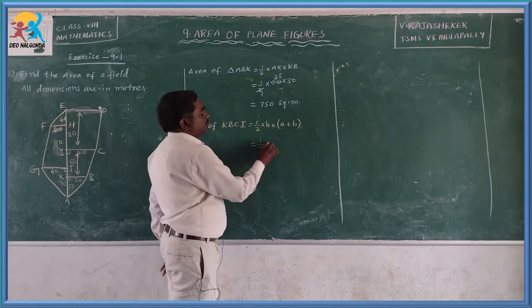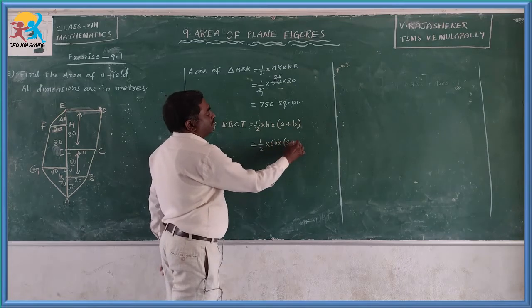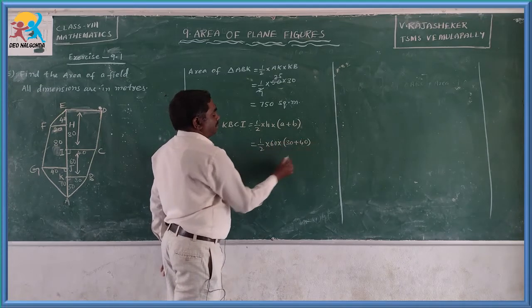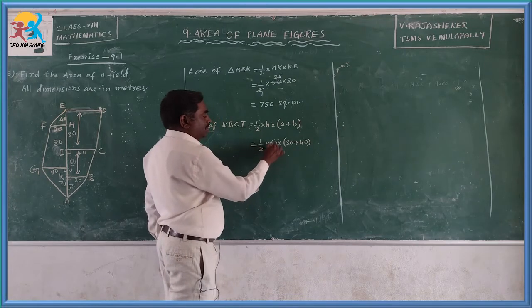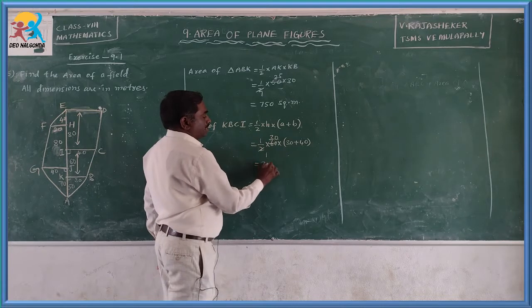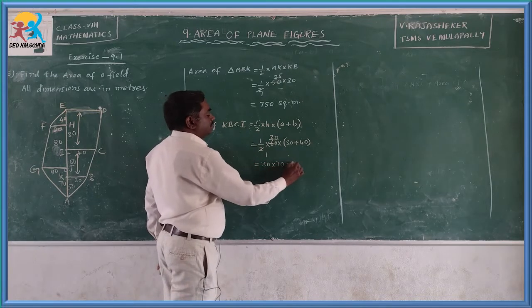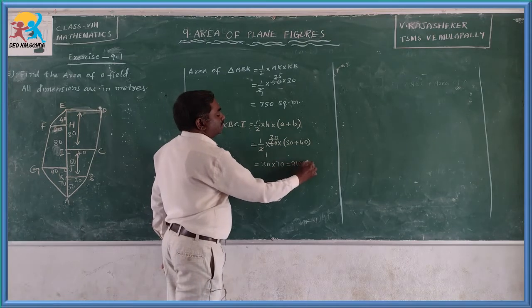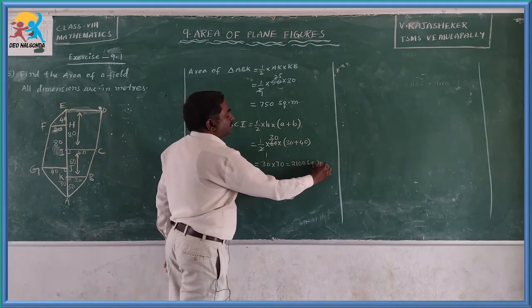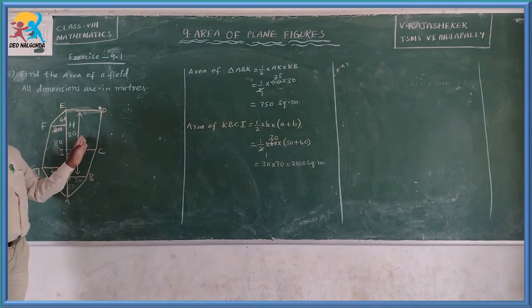So, half into 60 into 30 plus 40, that is 30 into 70, we get 2100 square meters.